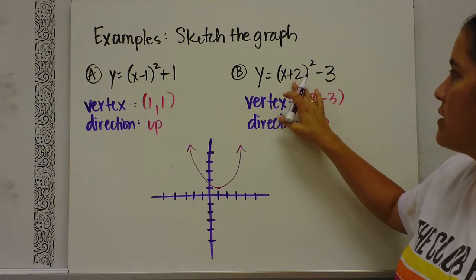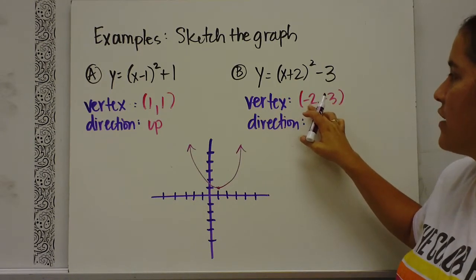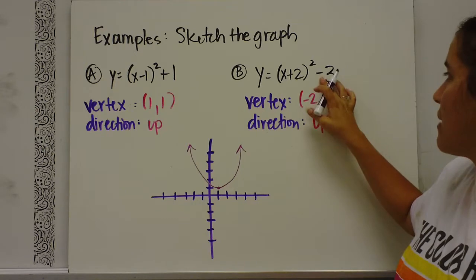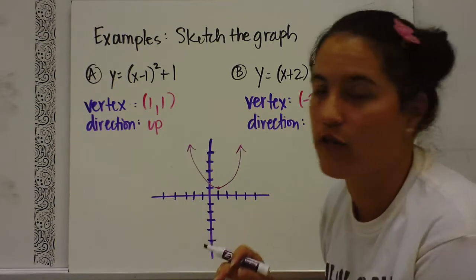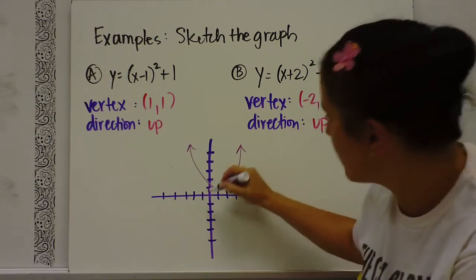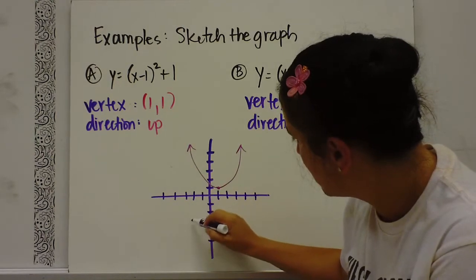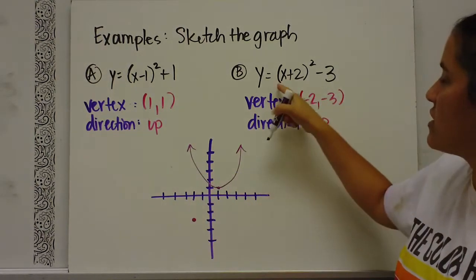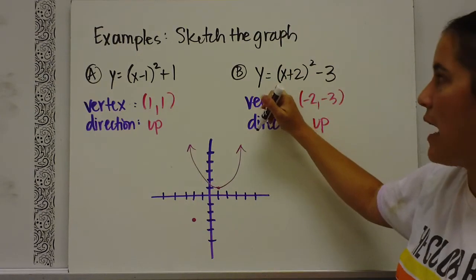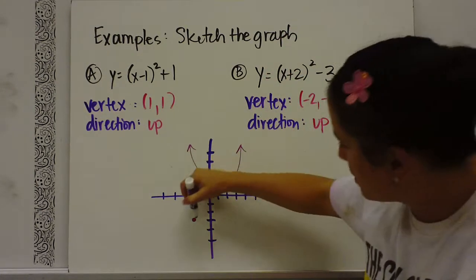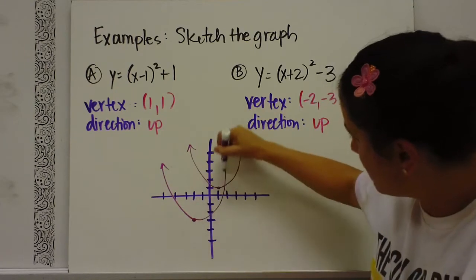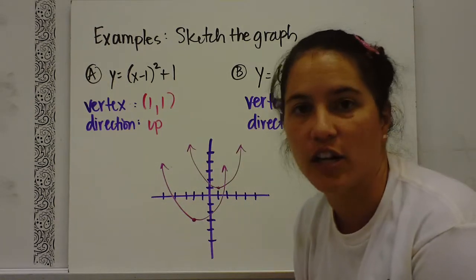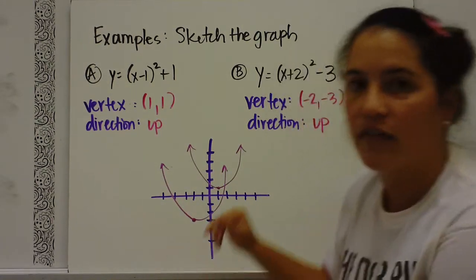Because it's a plus, that means it's going to be a negative 2. And minus 3 is going to be a negative 3 for your vertex. So our vertex is negative 2, negative 3. And the direction is up, because the number right here is a positive. Alright, so that's just a very quick sketch of a parabola.